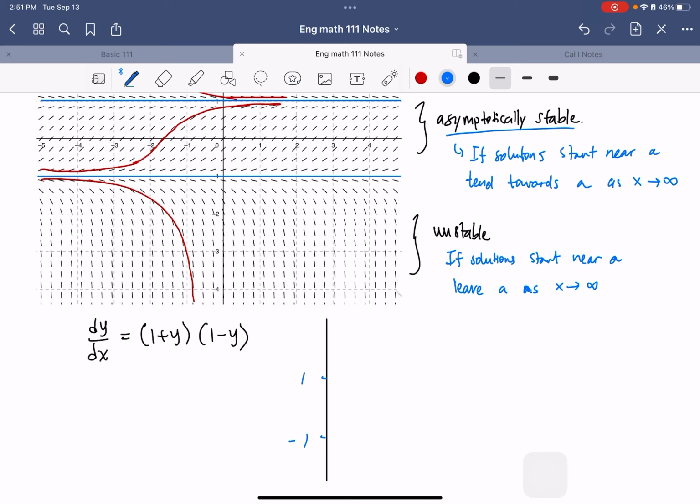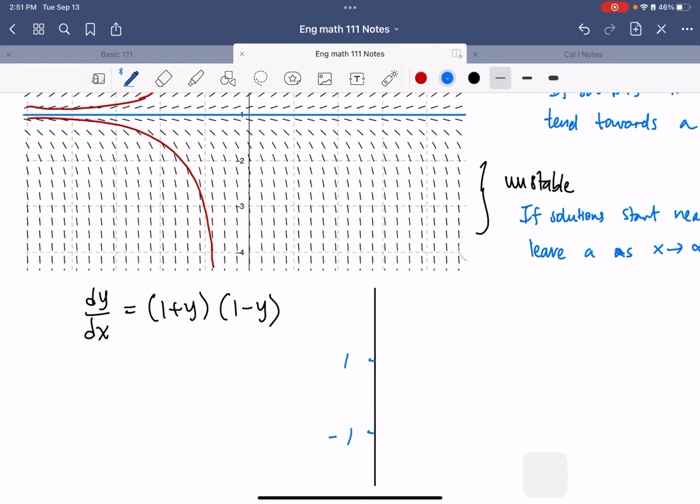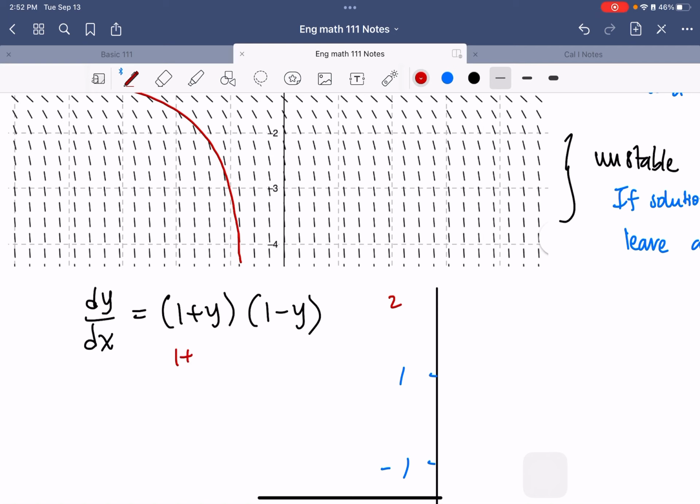So let's start with positive 2. So 1 plus 2 and 1 minus 2. It should be negative, right? So this will be negative.